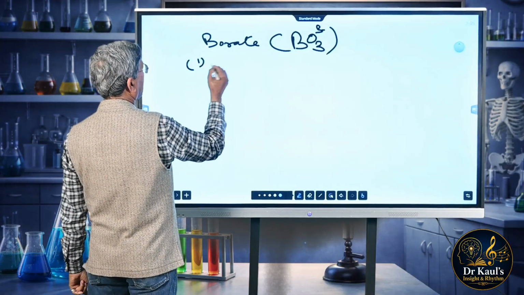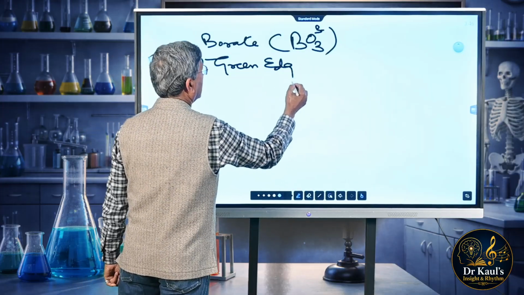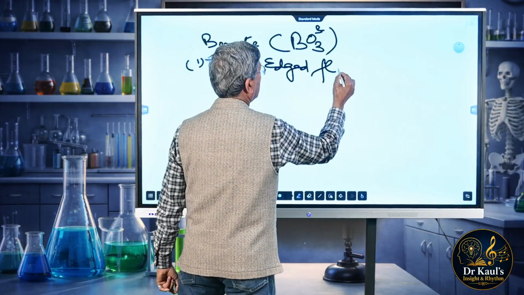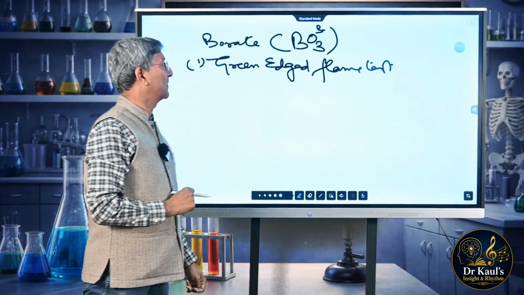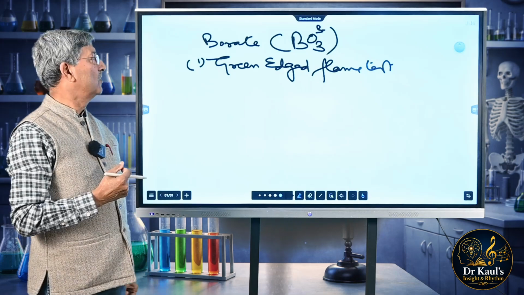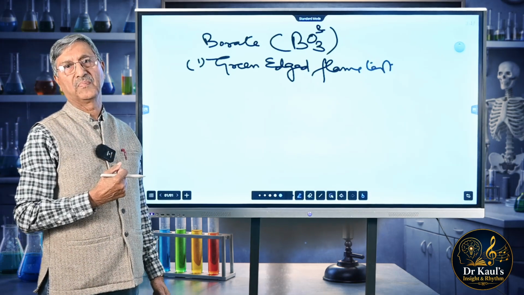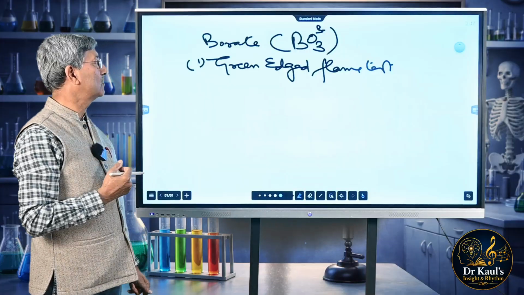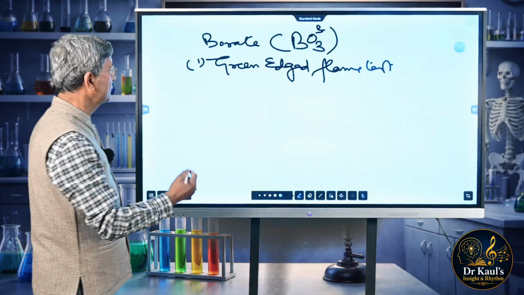Number one is the green edged flame test. What is this test? We take the salt mixture, add about 2 milliliters of ethyl alcohol to it, and then about 1 milliliter of concentrated H2SO4, and we heat it strongly. What happens?